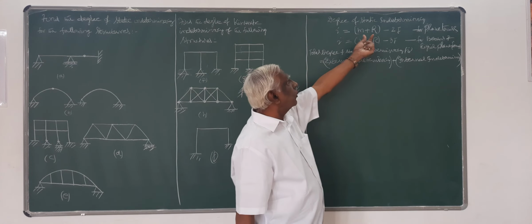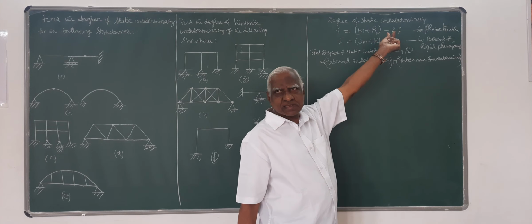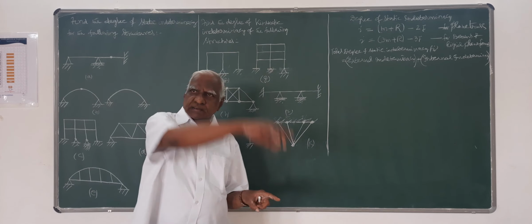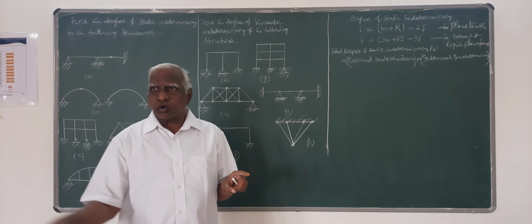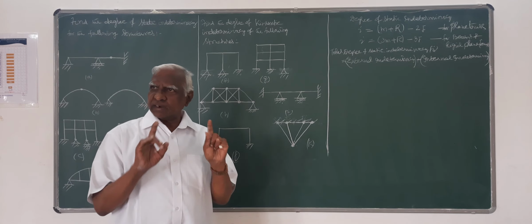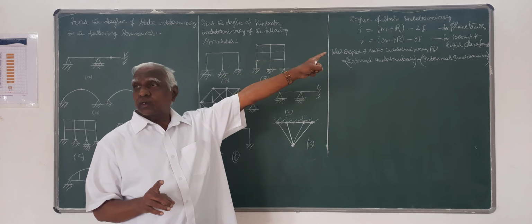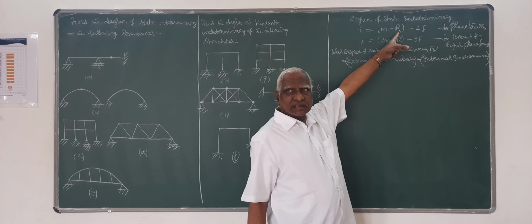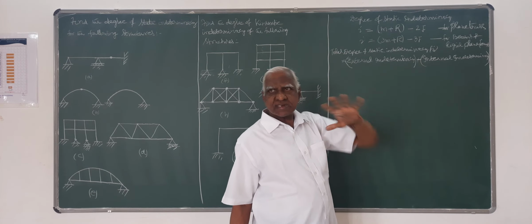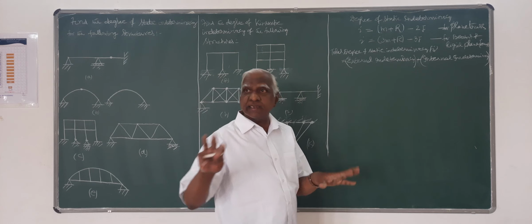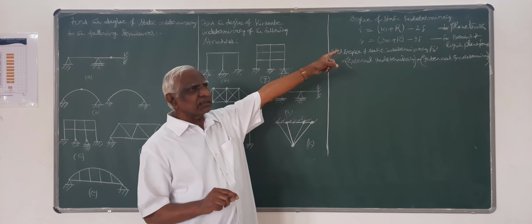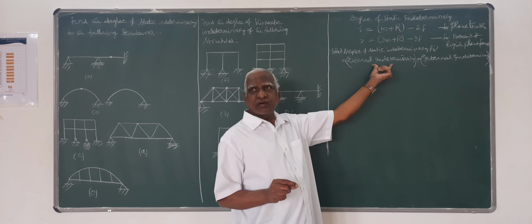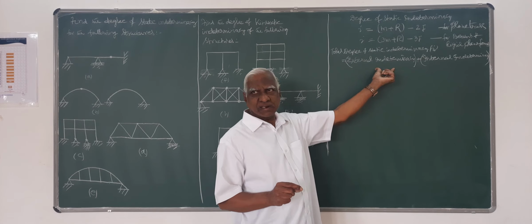Here, if you take only the external support reactions, because generally we determine the external support reactions treating the structure as a whole, the equilibrium of the total structure as a whole. If you cannot determine the support reactions by equations of static equilibrium, where only 3 equations are available, then we say that is the degree of external indeterminacy.